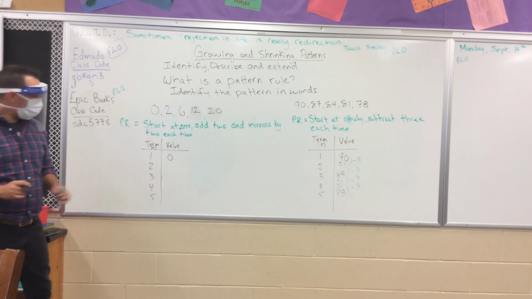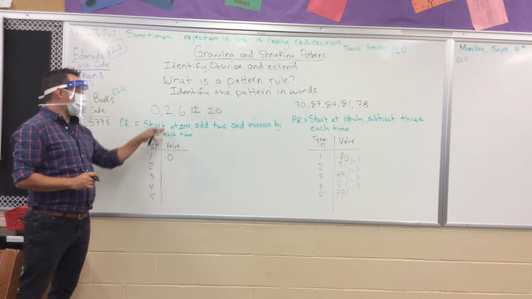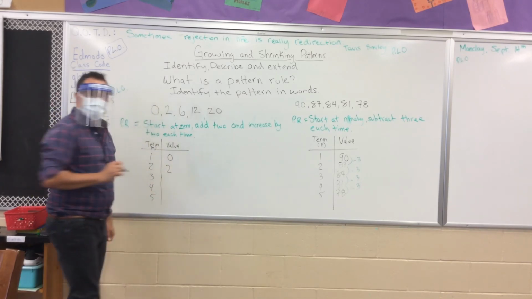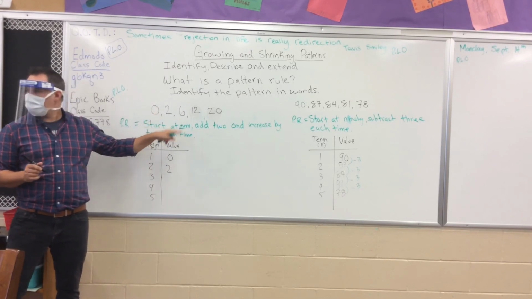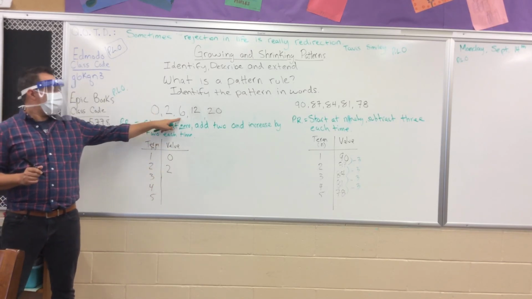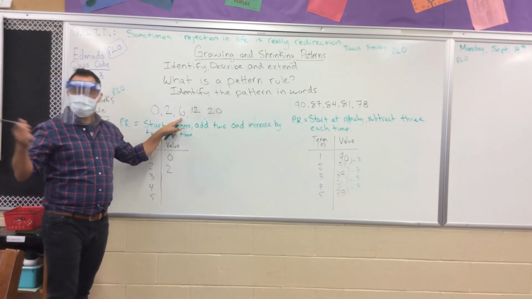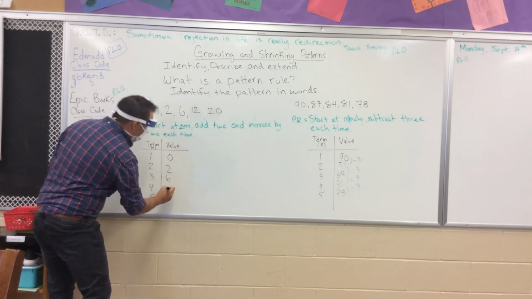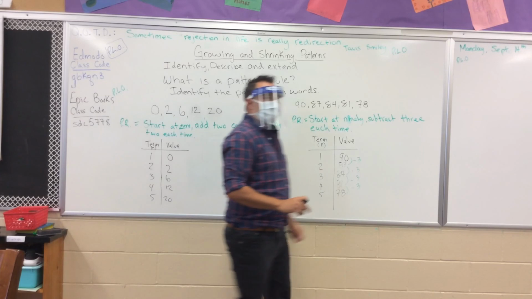What's our second term? Addison, what's our second term? Yeah, it's 2. What's the third term, Havana? Third number is? Yep, you got it, 6. Fourth term is 12. Fifth term is 20, right?